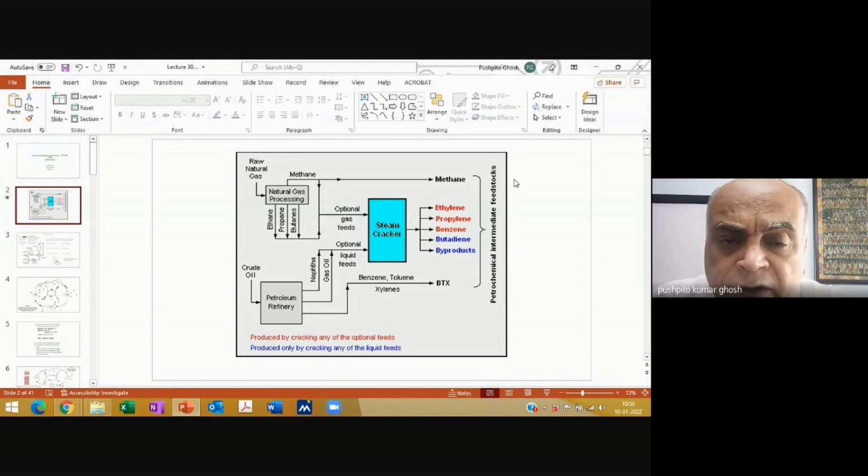Because when I reform, I'll get carbon monoxide and I'll get hydrogen. We will talk about where all the carbon monoxide is used, and hydrogen is required, for example, in the hydrodesulfurization and removal of ammonia, nitrogenous substances, etc. You need to do that treatment with hydrogen. So hydrogen is extremely important in a refinery.